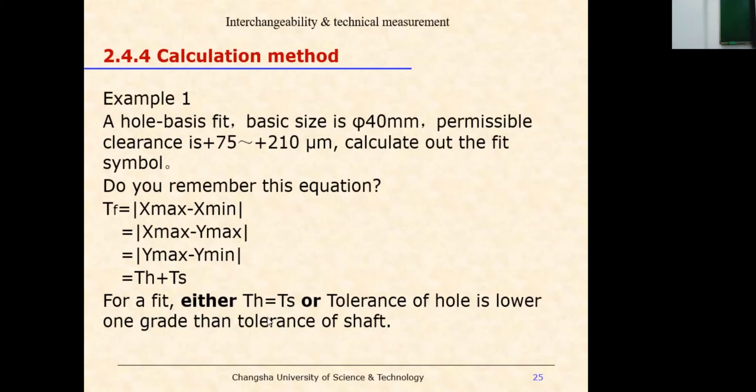It means that one condition is equal, or the hole grade is one lower. So when you choose IT8, they have the same grade. When you choose IT7, maybe the hole is one grade lower than the shaft. So it depends on which grade you choose. The tolerance has to be the same.